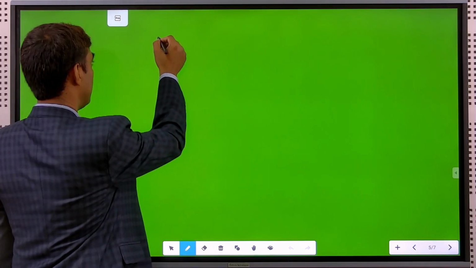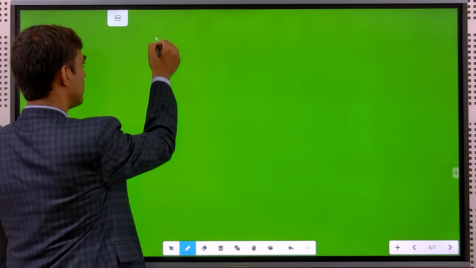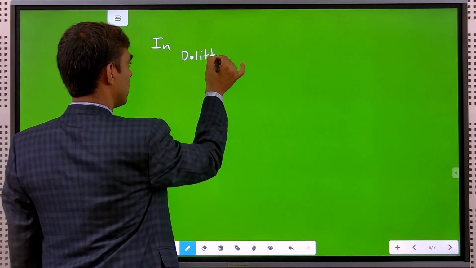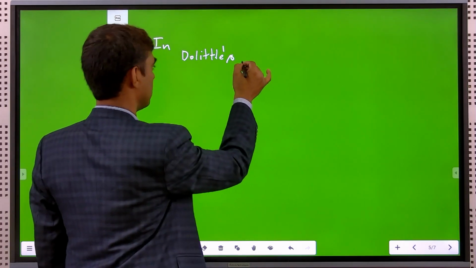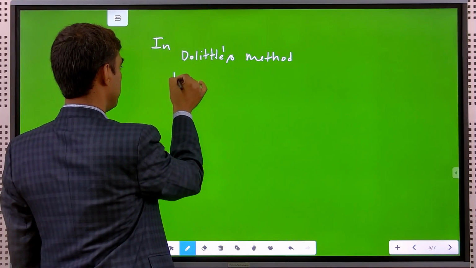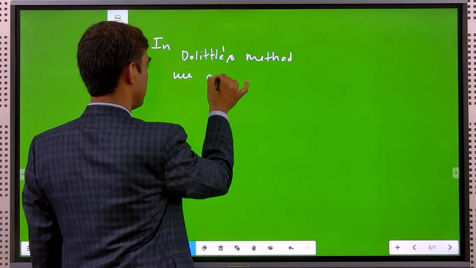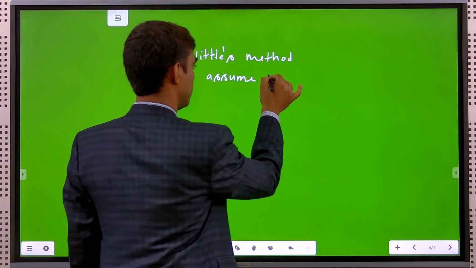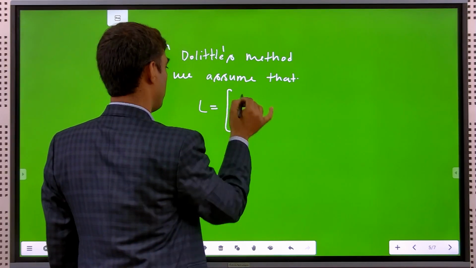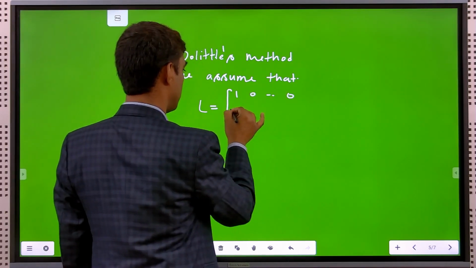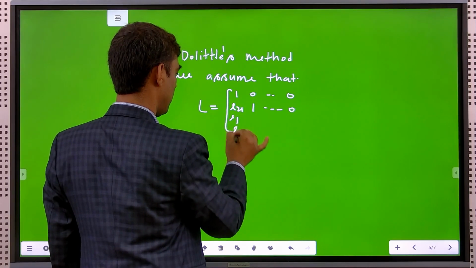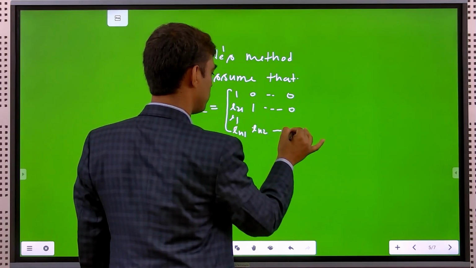So, in Doolittle's method, we assume that L equals 1 0 0, L21 1 0, similarly Ln1, Ln2 up to 1.